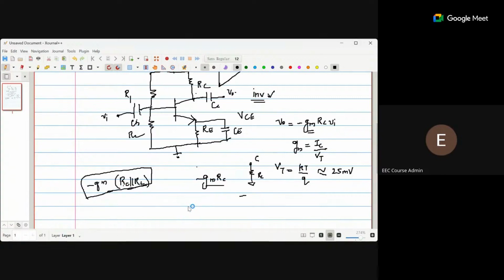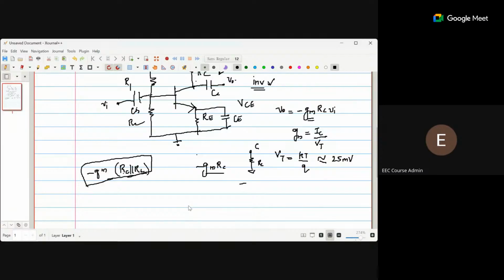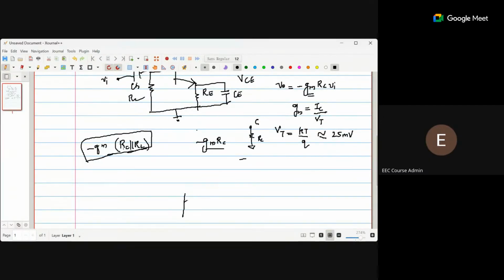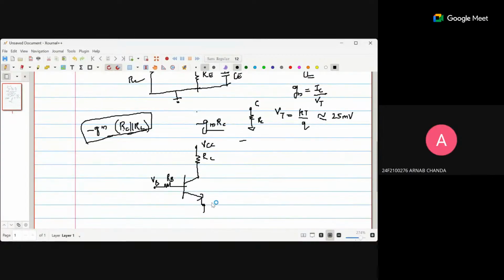If this is the one you're talking about, let me know. There we had VCC, RC, then some RB and VB, then RE, correct? This circuit was part of week 7, where we had discussed that this VB will be less than this VCC.